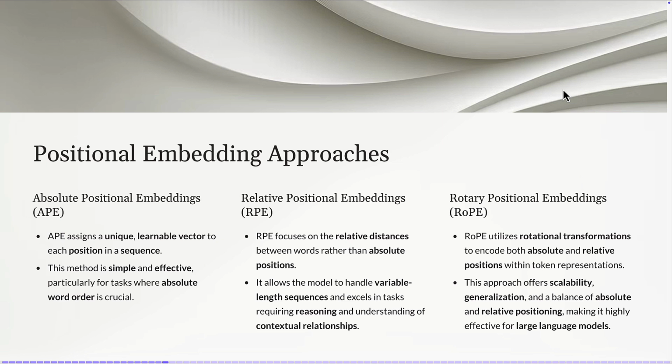The relative one will pay attention to at which distance a word is located, how many words come after or before within a certain context. And the rotary position embedding utilizes rotational transformation to encode both absolute and relative position. So this combines both techniques to have a better understanding of the position of the words.